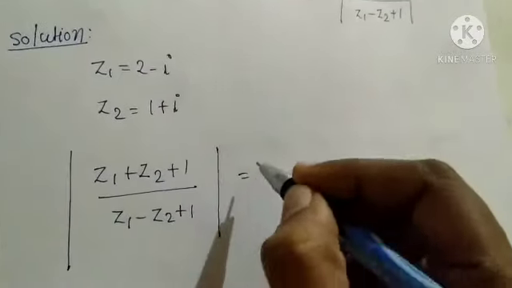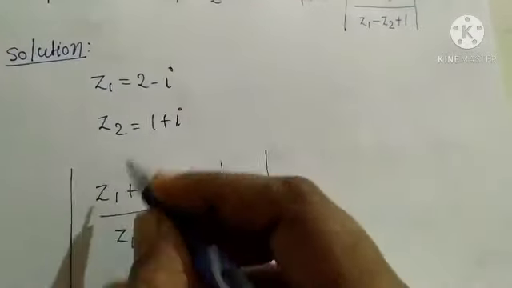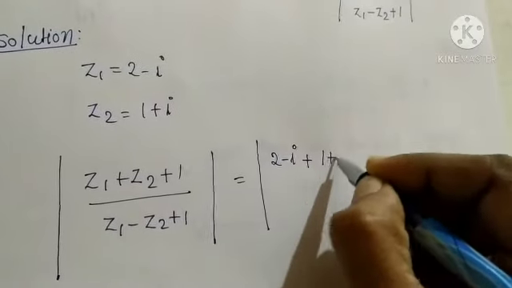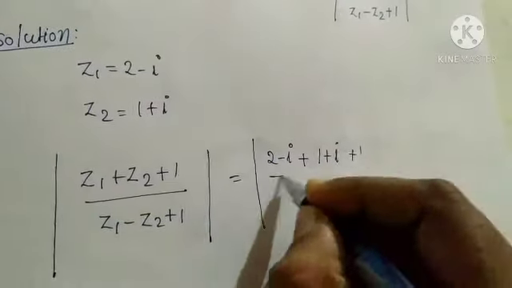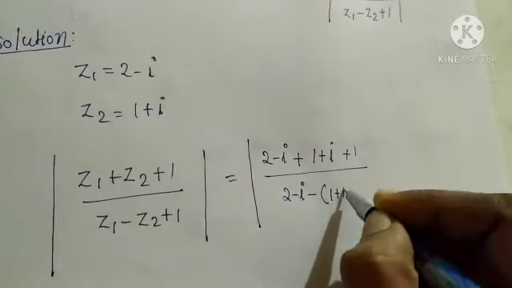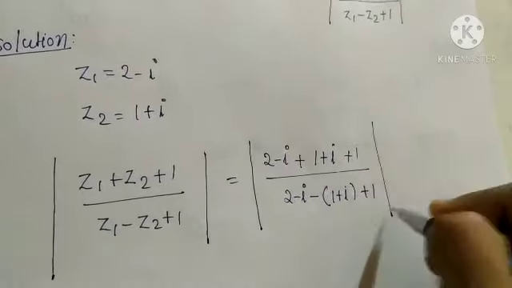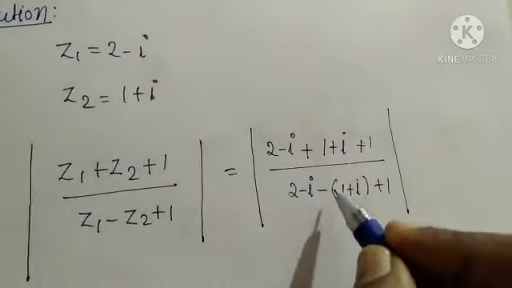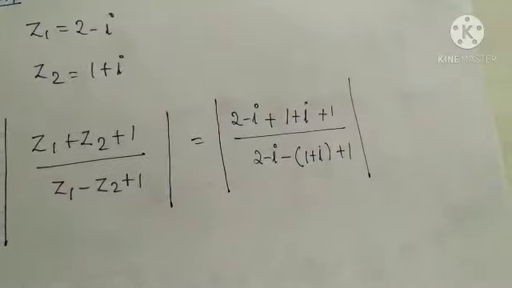So next I am going to replace z1 by 2 minus i and z2 by 1 plus i in both numerator and denominator. So it will become like this. Don't forget to write this bracket here because this is a minus sign.